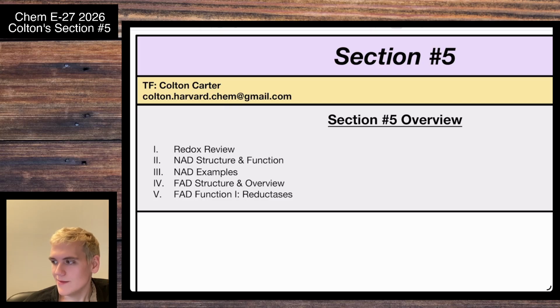Now, again, you might be like, Colton, well, if it can reduce a different disulfide bond in the active site, why doesn't it just reduce the disulfide bond in glutathione disulfide? At which point I'd be like, that's a great point. It just doesn't. So this is step 2 here. The FADH reduces the active site disulfide.